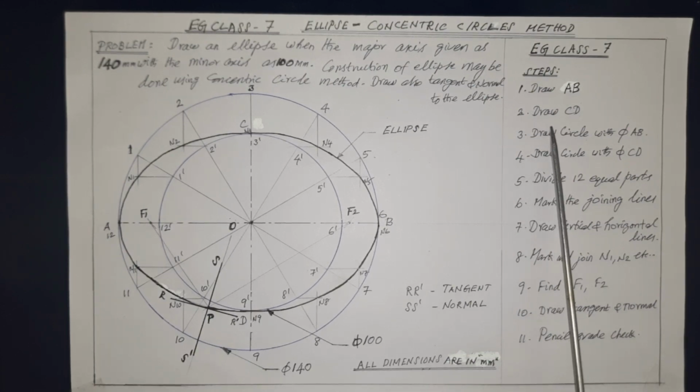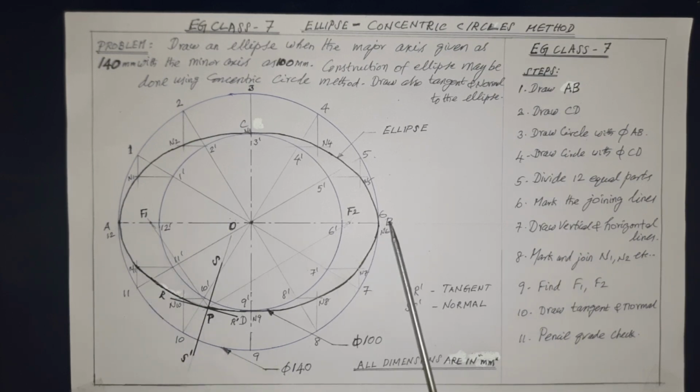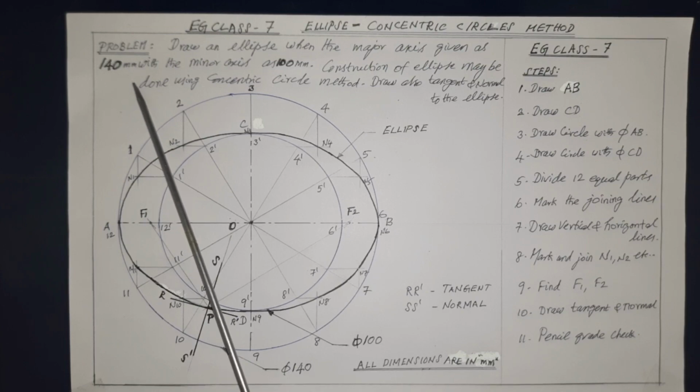In this drawing, referring to the steps given, as per step 1, first draw the major axis AB as shown, which is given as 140 millimeter in the problem.